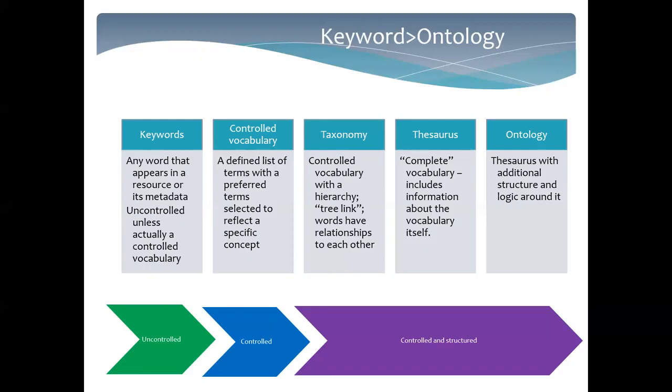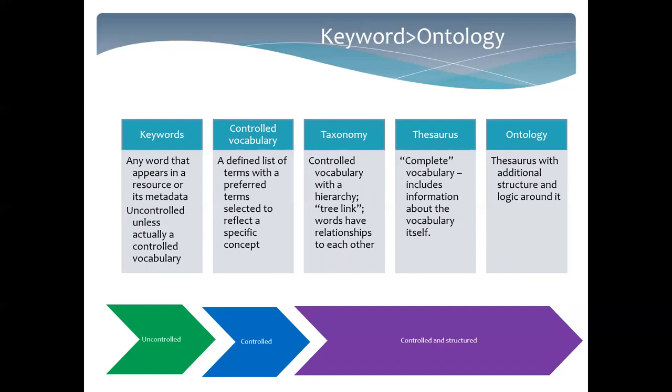In terms of libraries and archives, we often see keywords in titles. We see keywords in summaries and abstracts and notes about a resource. And you know, that's places where it's free text. We can sort of write whatever. Now, for libraries and archives, there are specific rules for how we enter or record information about the title.